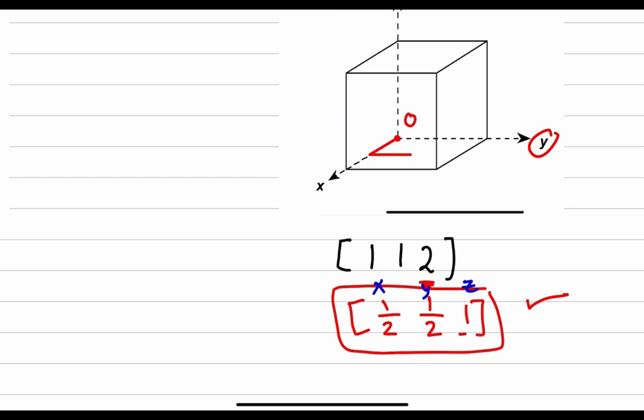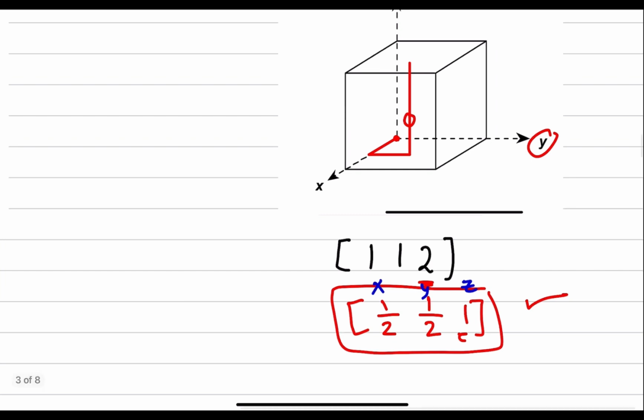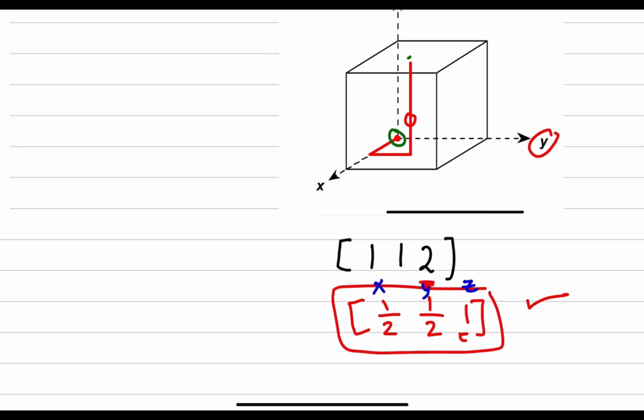And then we will move along z by 1. It is almost like this. And now we will draw an arrow from the origin to the final point that we reach, and it will be like this one.